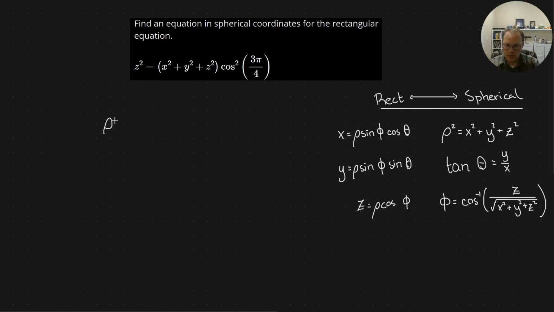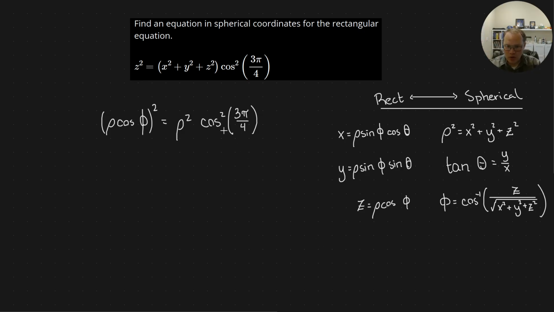So z becomes rho cosine phi, and because the z is squared, so is this. X squared plus y squared plus z squared is rho squared. And notice cosine squared of 3 pi over 4. That's a constant. 3 pi over 4 is not angle theta or phi, because those need to be variables. 3 pi over 4 is just a constant. I'm just plugging it into cosine.